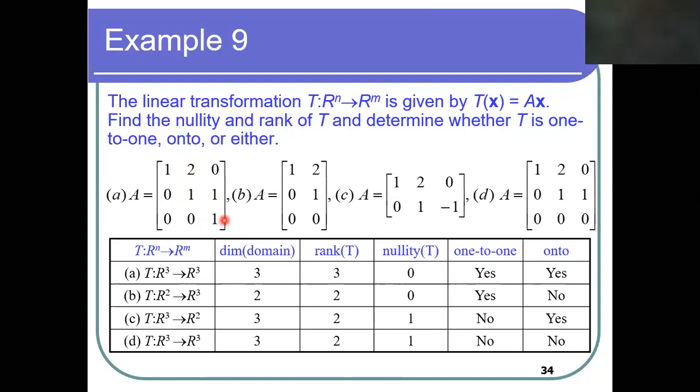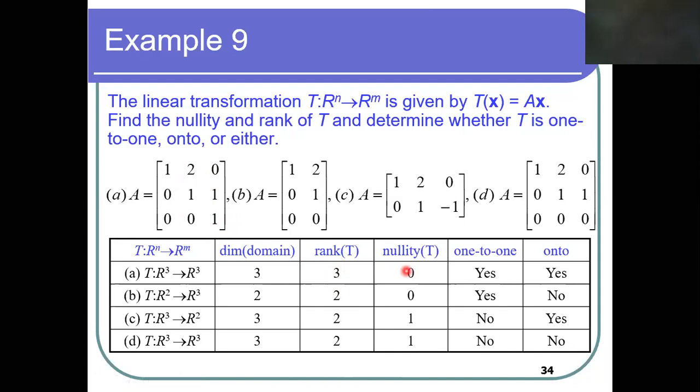So in that case, dear student, the rank is already 3. So rank plus nullity is equal to the number of columns, and the number of columns is 3.